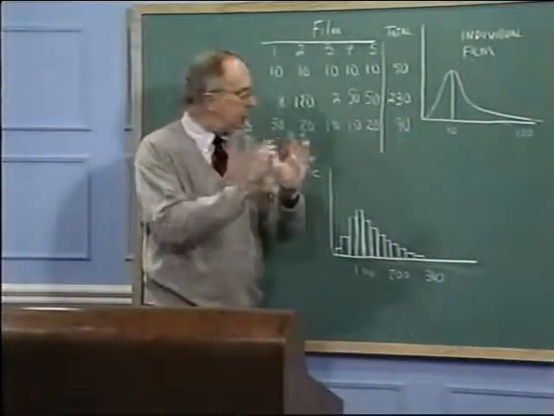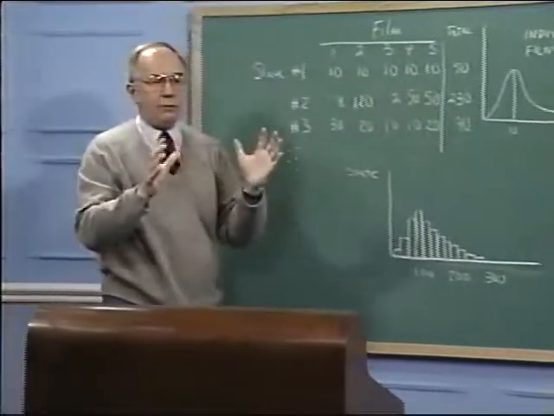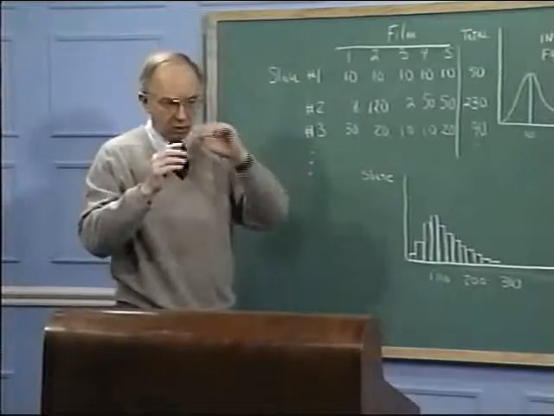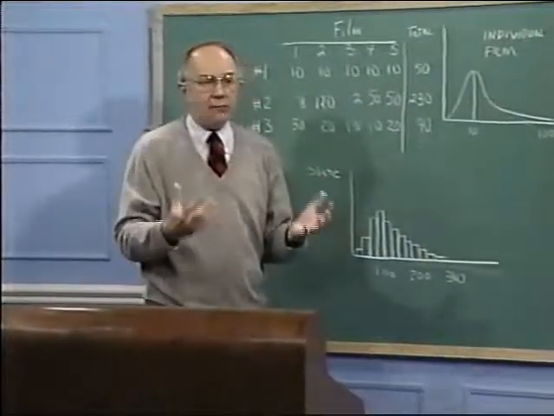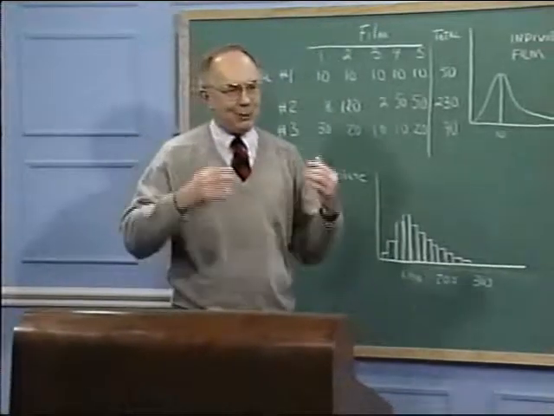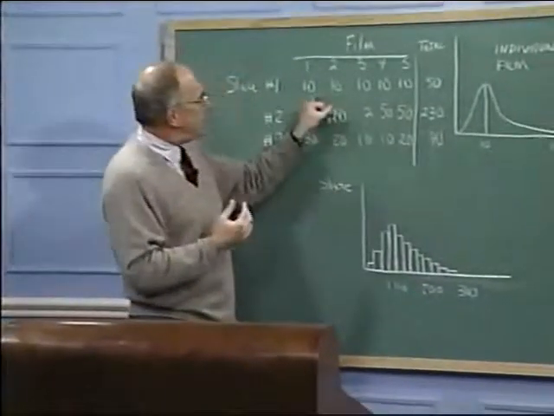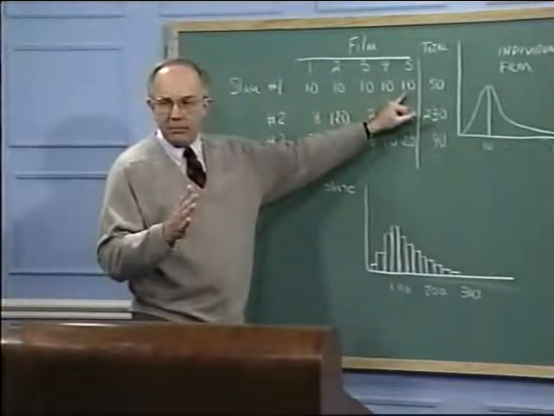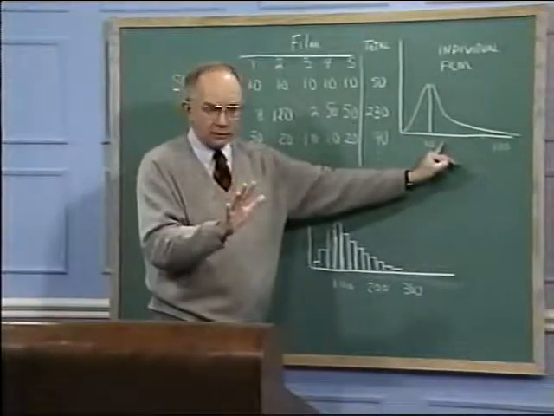This distribution sits behind each of these individual 5 films. And it's going to be recalculated every time the spreadsheet is what we call iterated or recalculated. And the probability of a value coming up will be driven by this underlying assumption.